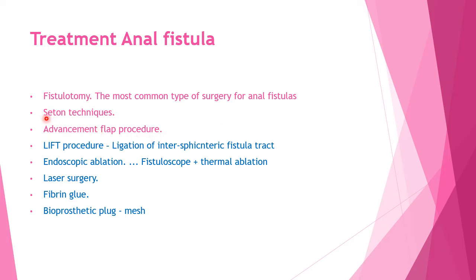For deeper fistulas, there is the seton technique, the loose seton technique, and the cutting seton technique. Then there are advancement flap procedures, sometimes for high fistulas, where the fear of injuring or cutting through the sphincter is high. These wounds are not excised, so an adjacent flap is done. But the problem is the recurrence rate of the fistulas is quite high.